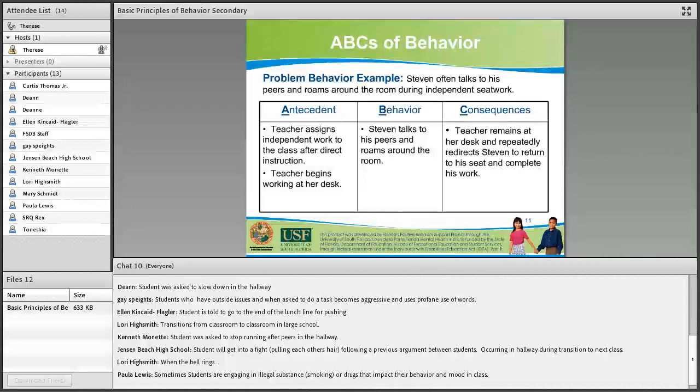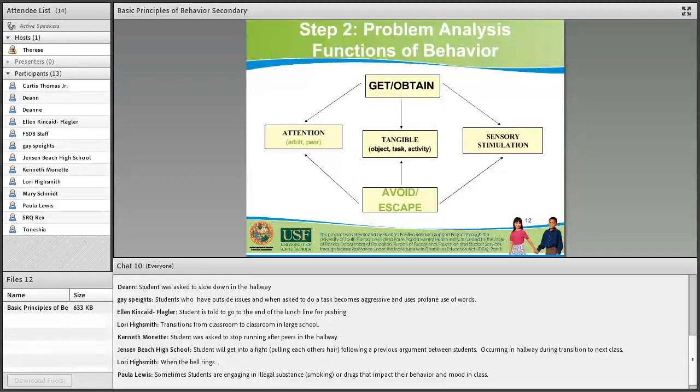Okay, so when you put those ABCs together, then you can start to get a sense of why that problem behavior is occurring. And the reason why that behavior is occurring will always boil down to one of these 6 things. So I'm going to break out the pointer here. There we go. So the research-based functions of behaviors are to either get or get away from attention, tangibles or activities, or sensory stimulation.